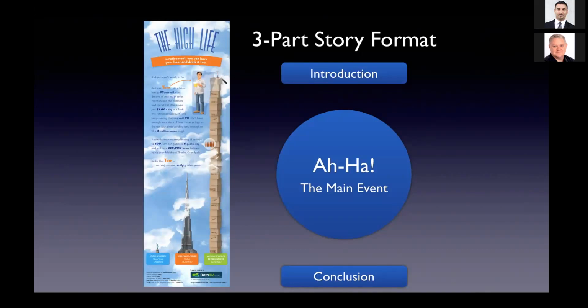And in the middle, we have the tallest tower in the world in Dubai. And on the right, this massive tower of cases of beer that Tom can now afford, just to visually show how much money can be saved in his retirement fund. The conclusion doesn't have to be a heavy sales pitch. In this case, it's just learn more at rothira.com. It gives the audience something to do, somewhere to go, now that you've revealed this new information to them.